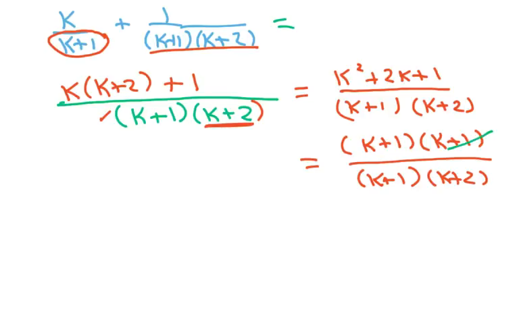Now these two cancel, and we get k plus 1 over k plus 2, which is what had to be proven. So condition 1 and condition 2 are satisfied. Therefore, the statement is true for all natural numbers n.